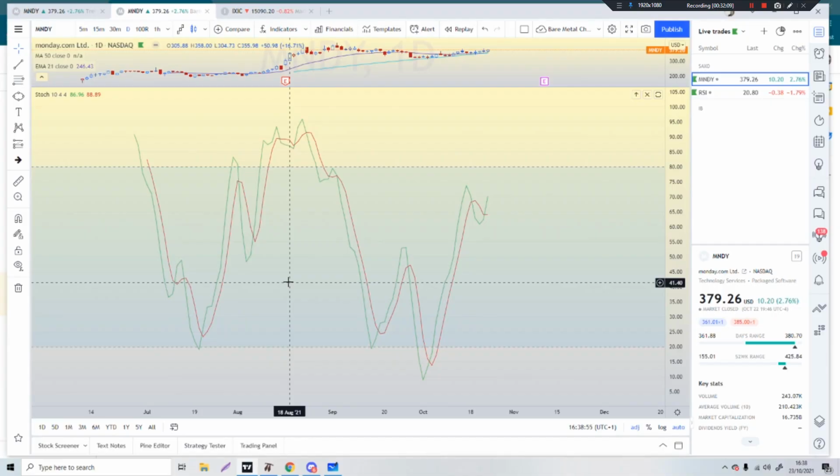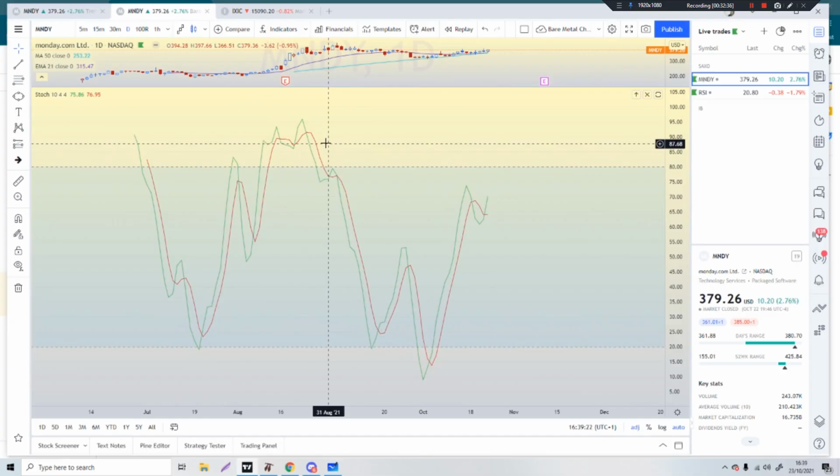But there'll be periods when you see cross after cross after cross. It's like moving average crosses, if you like, Mike. So there's nothing particularly predictive about this, but what it's showing you is momentum to the upside is now going up, and the longer this can stay above that 80 kind of zone, if you like, the stronger the trend.